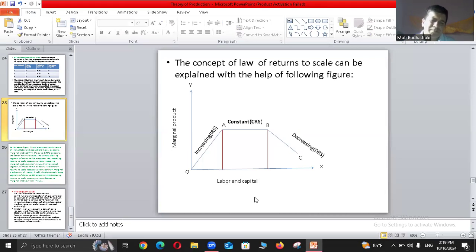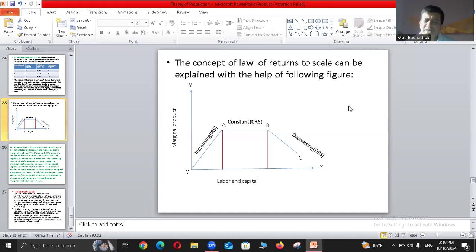In the beginning, in case of increasing returns, from point O to A is increasing returns to scale, because at this time it rises fast. If we input a small amount of labor, it gives more than double, that is increasing. And from A to B, it is constant returns to scale, and from B to C, it is decreasing returns to scale.